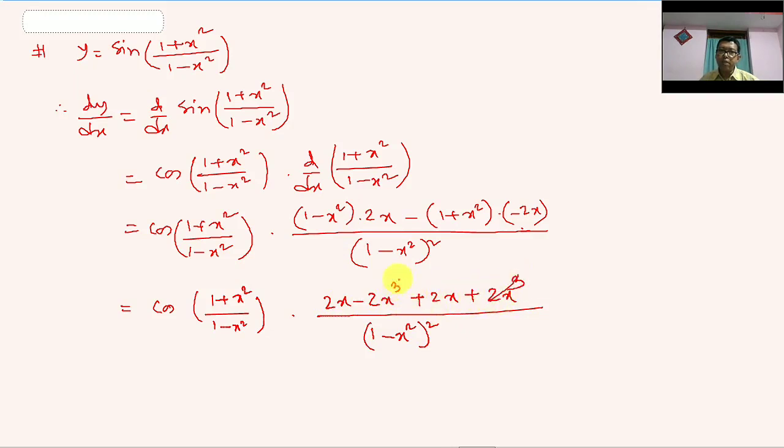Twice x cubed is cancelled, so 2x plus 2x is equal to 4x. So getting 4x upon 1 minus x square whole square into cos of 1 plus x square divided by 1 minus x square, hence the result.